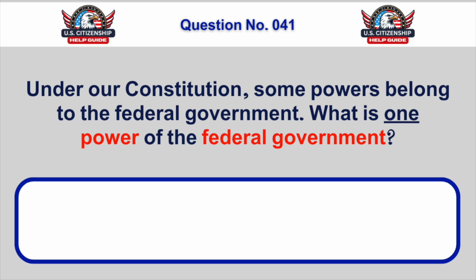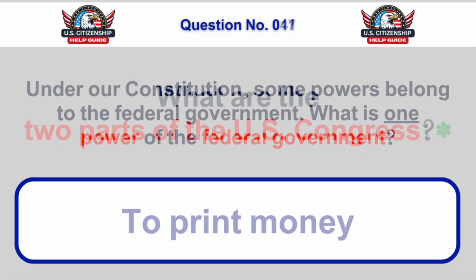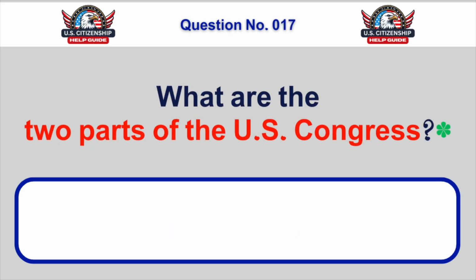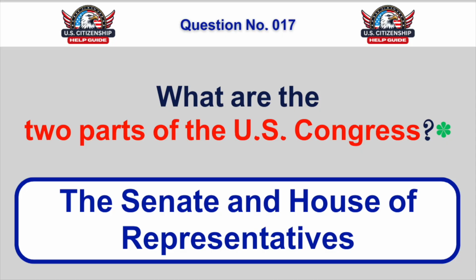What is one power of the federal government? To print money. What are the two parts of the U.S. Congress? The Senate and House of Representatives.